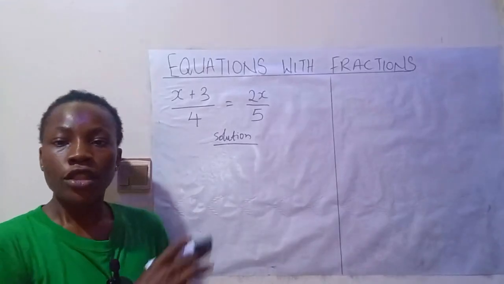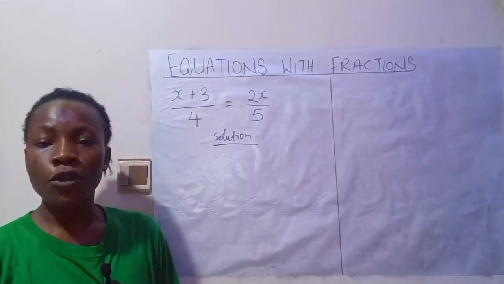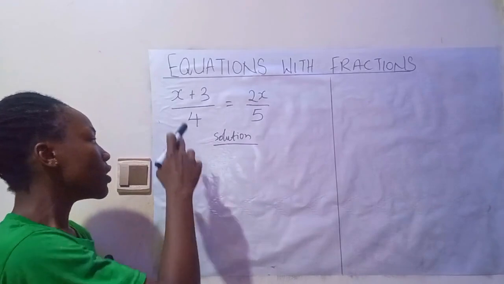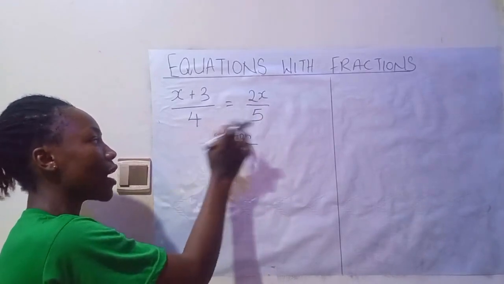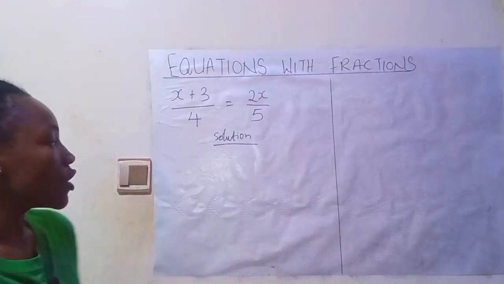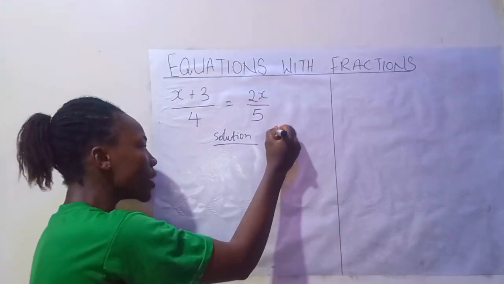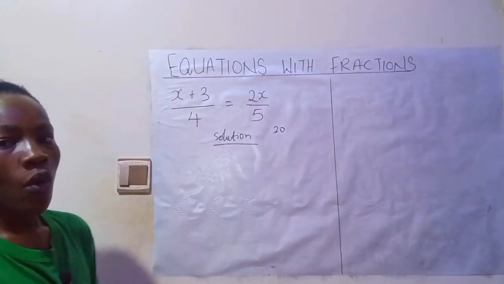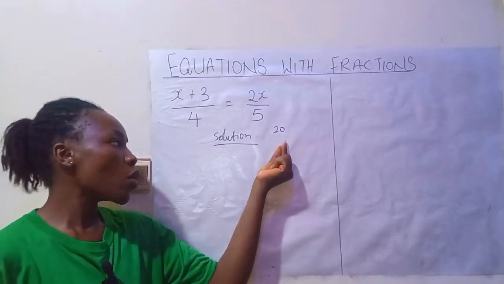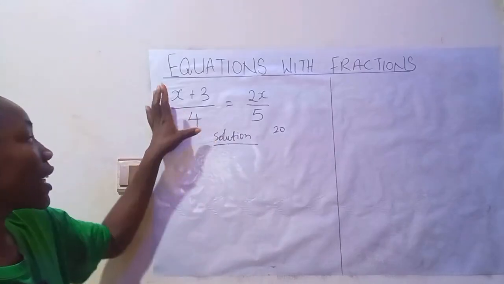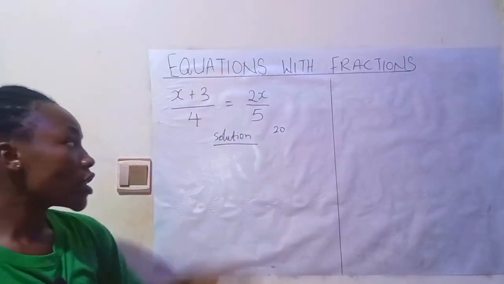All right, in solving this, let's first of all look for the LCM of the denominators 5, 4 and 5, and the LCM is 20. Now once we have gotten the LCM, we are going to multiply each of them with the LCM.